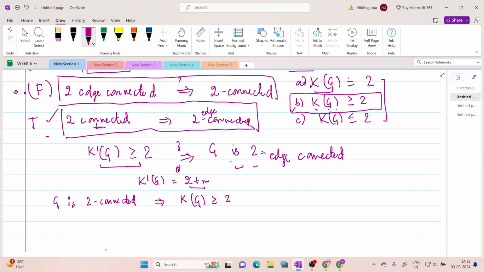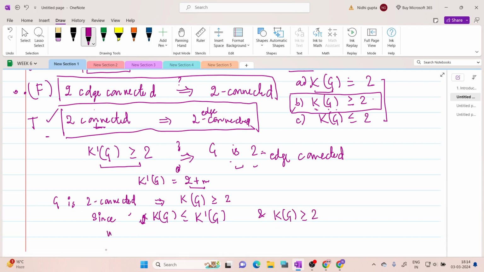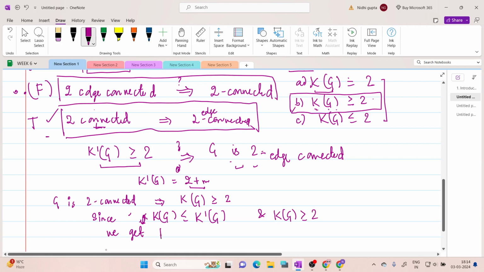Now since kappa of G is less than or equal to the edge connectivity, and kappa of G is greater than or equal to 2, if we combine these two inequalities, we get that edge connectivity is greater than or equal to 2.